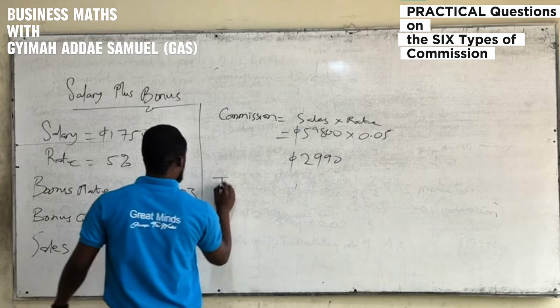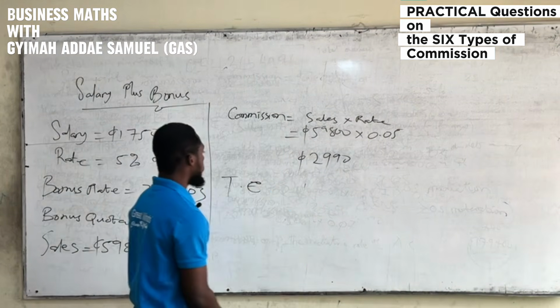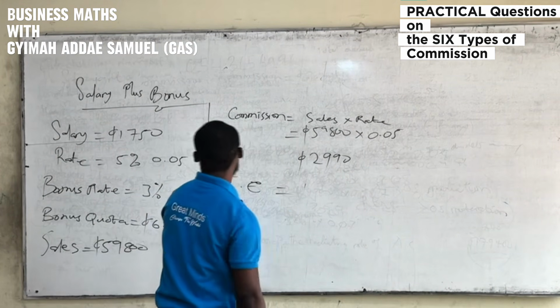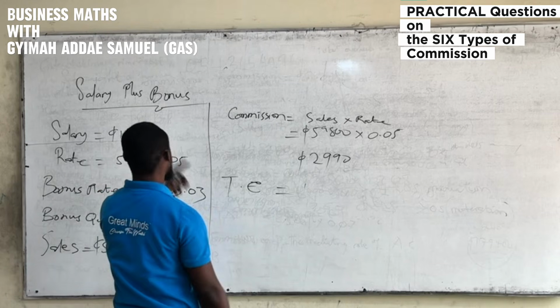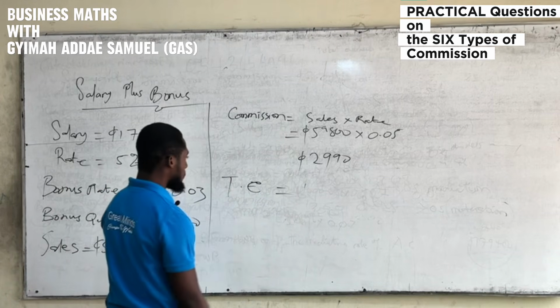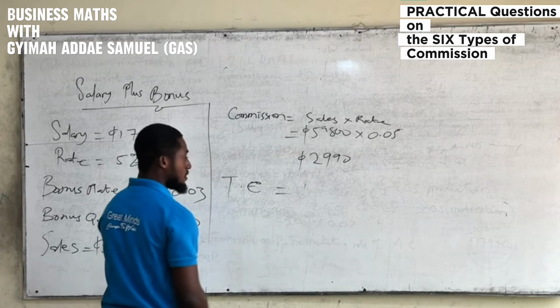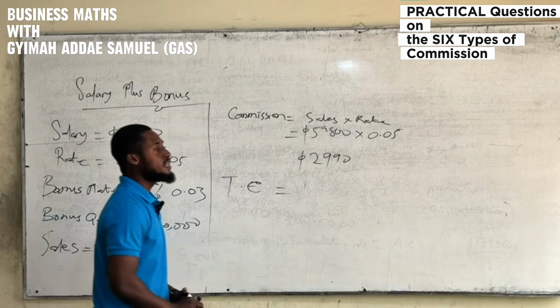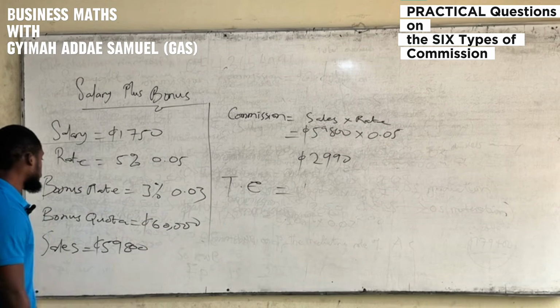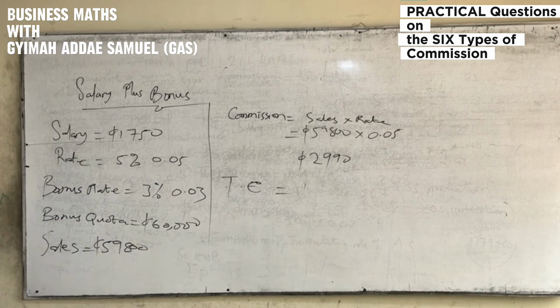So now we are computing our total earning. With the total earning, we will have to add the salary to the commission, which is 2,990. With this question, there won't be any need to add bonus because the quota was given to be 60,000 Ghana cedis, exceeding 60,000 Ghana cedis. But we had sales of 59,800.